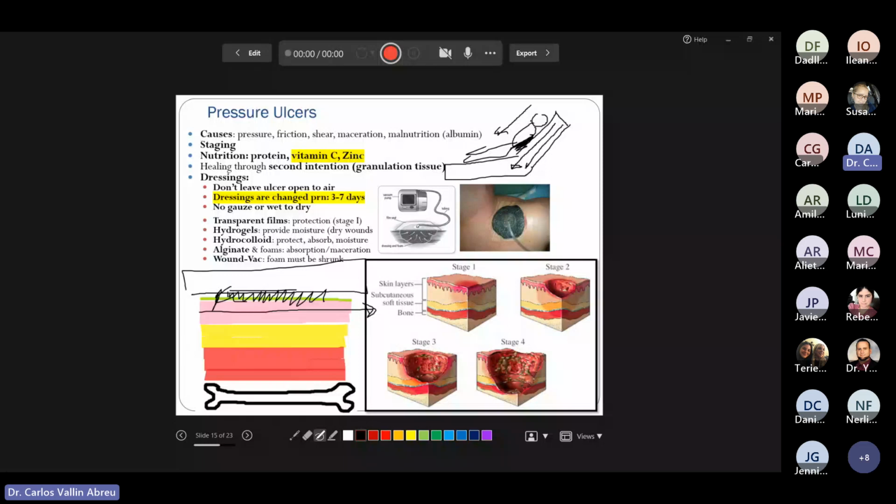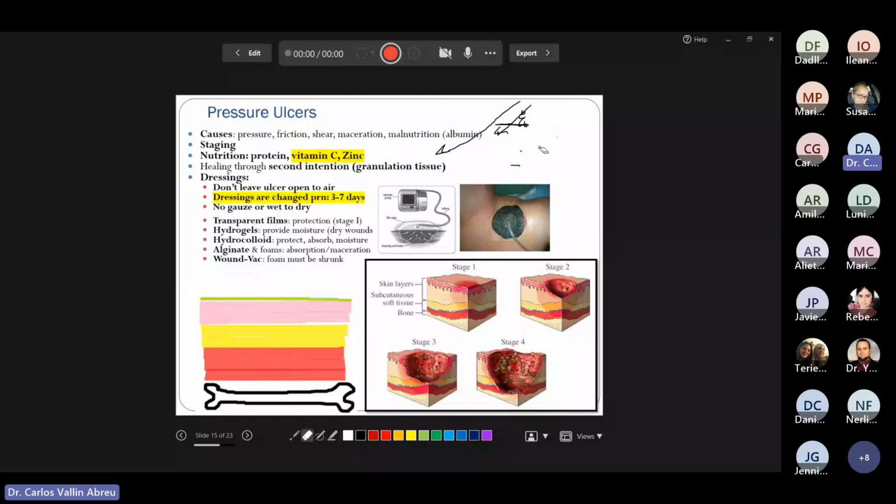And now the two CNAs hold the client by each arm and pull the client up because it's sliding down the mattress. But when they pull the client up, it's going to scrape the skin against the mattress again. Once is not going to cause anything, but many times during the day, along many days, it is going to produce an accumulated trauma that predisposes the client to skin breakdown because of friction.